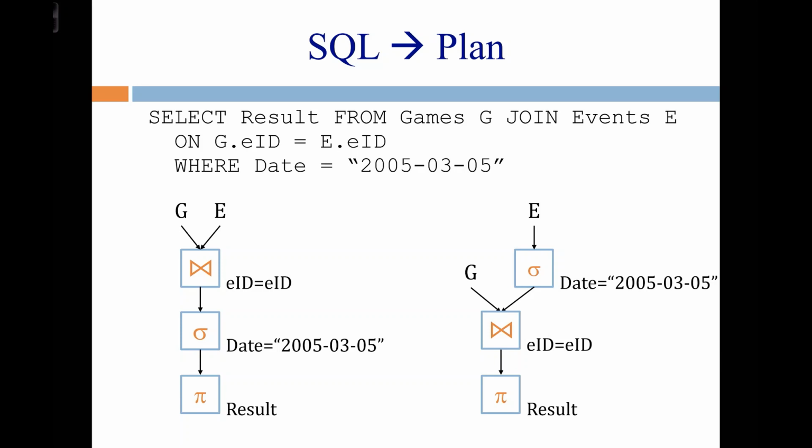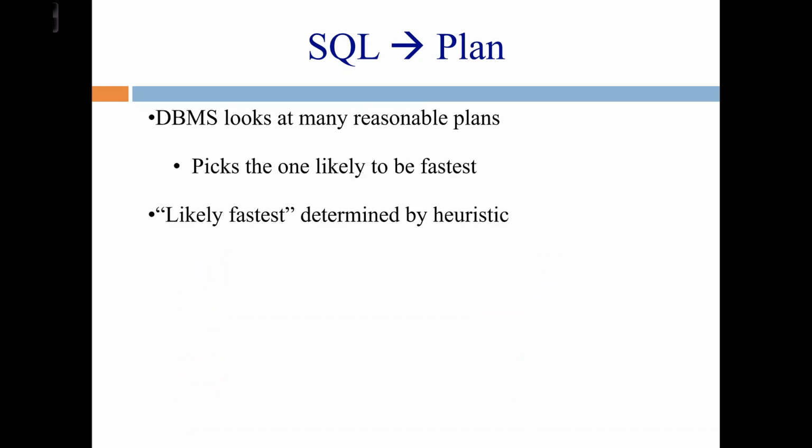We look through every game and compare it to only a very few already filtered events to get this temporary relation, and then project out the result. The DBMS does actually look at multiple options like this and picks the one that's likely to be the fastest. It can't always prove which one's going to be the fastest, so it uses heuristics to determine with a pretty high level of confidence which one is probably going to be the fastest.